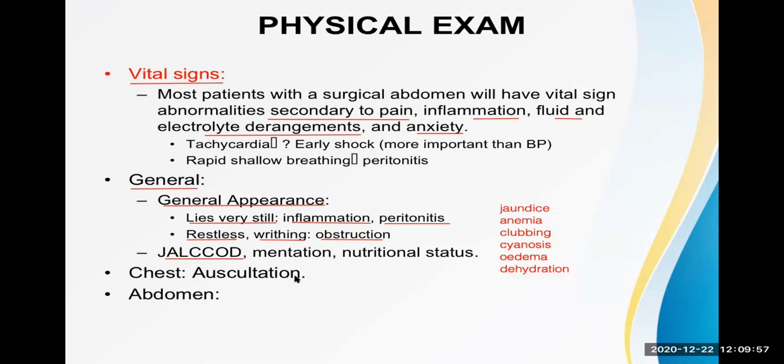Lower lobe pneumonia is another important cause of abdominal pain, and they have a connection with the chest. That's why examine the chest, simply auscultate there. You may get your important diagnosis. Now, our main focus will be on the abdominal exam, and this is the most important part of the examination here.